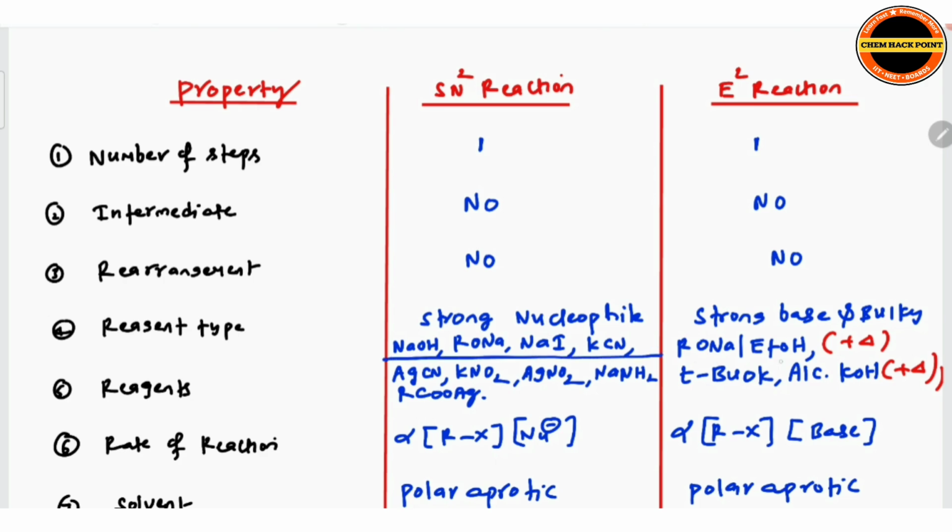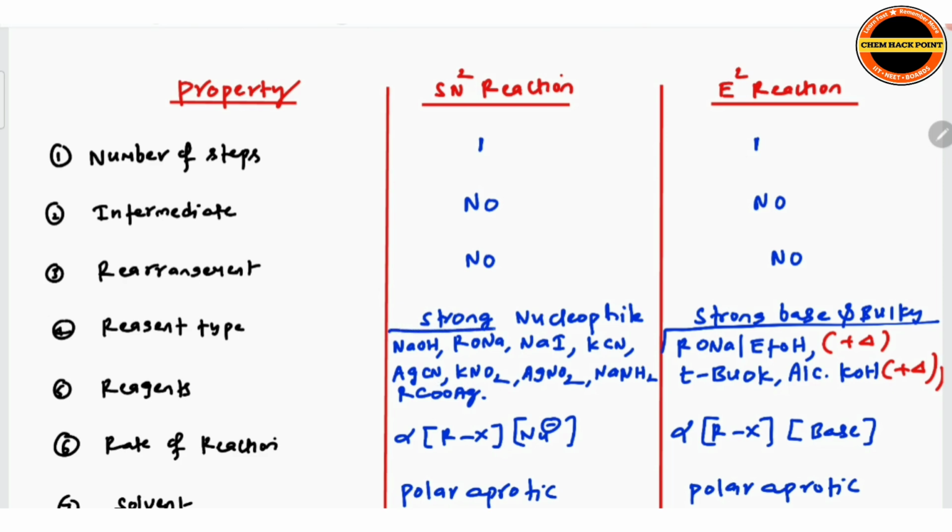Okay, so here you observe the reagent type we mentioned. So here you specify reagents. For SN2, strong nucleophile; for E2, strong base and bulky base. NaOH, RONa, NaI, KCN, AgCN, all these are reagents.